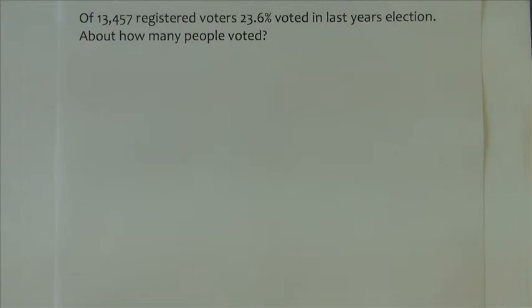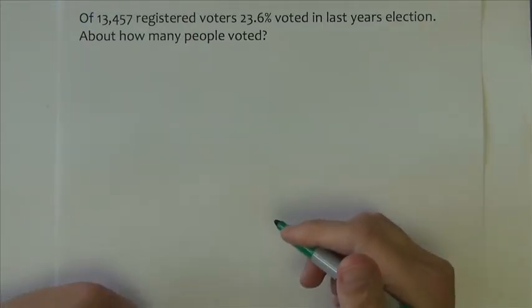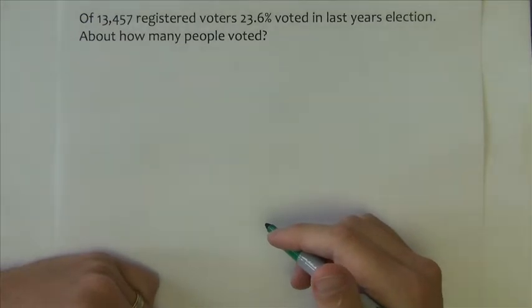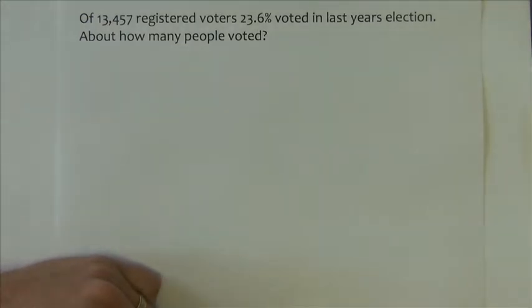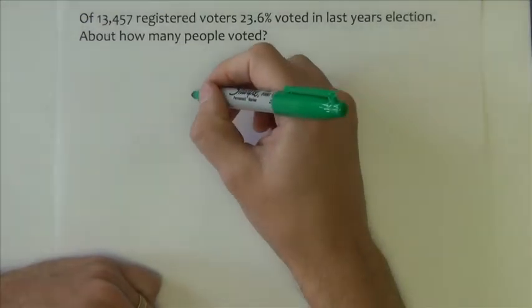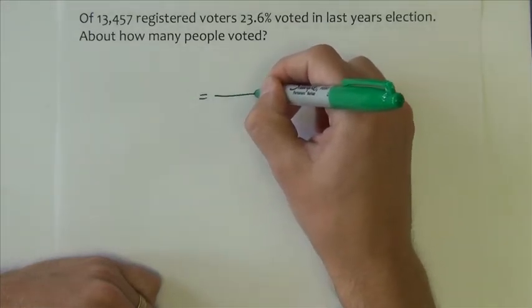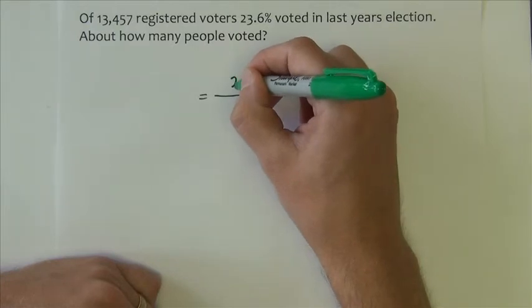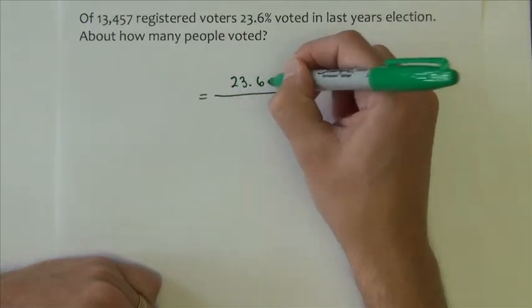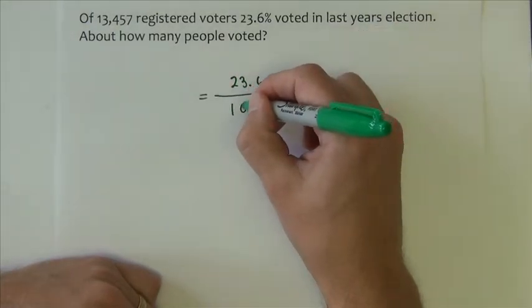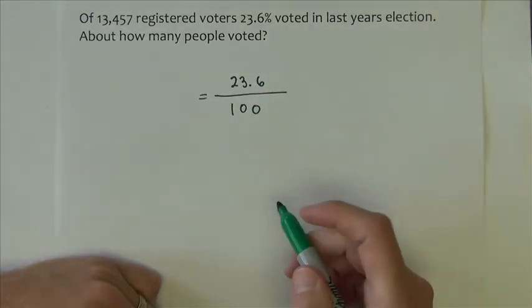Last problem says of 13,457 registered voters, 23.6% voted in last year's election. About how many people voted? Alright, well, with percentages given, generally you have a percent fraction. So 23.6% voted. There's not more than 100% total.